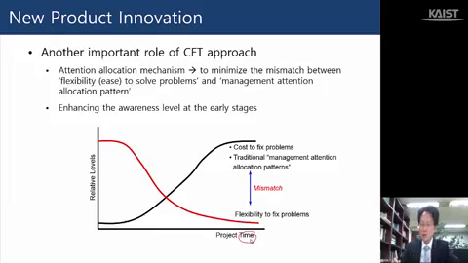So the flexibility, or let's say the ease to fix the problem, is largest, the highest in the early period, and it becomes almost impossible to fix the problem later. Now look at another thing: management attention, or the cost to fix the problems.